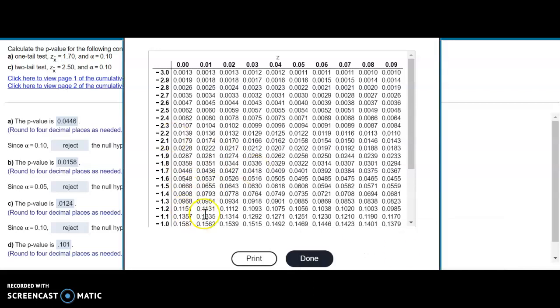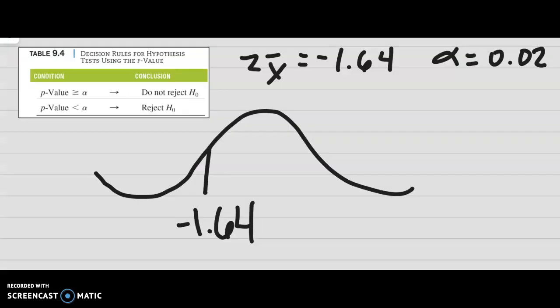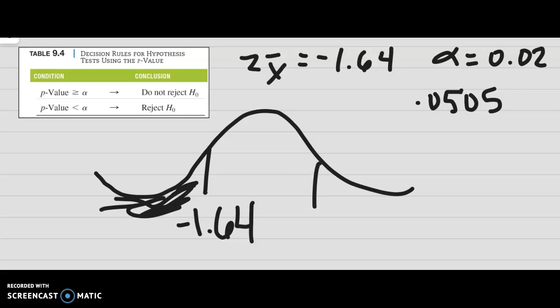So back to what we were doing. Negative 1.64 on the table. If you look that up, your p-value we said was 0.0505, but this is a two-tailed test, so we have 0.05 over here and we would have 0.05 over here.